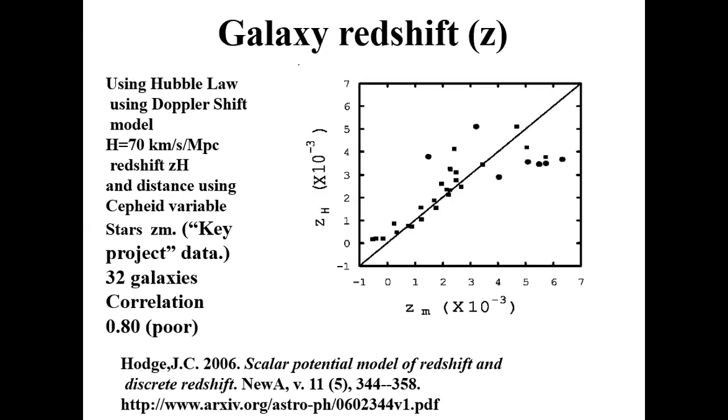This is galaxy redshift, and this data is using Cepheid variable distances. It's called the Key Project data, which is a virtual standard these days of what generated the Hubble constant here. And this is the line that it generated. You will notice we're looking at the redshift as it's measured versus as it's calculated by the equation.